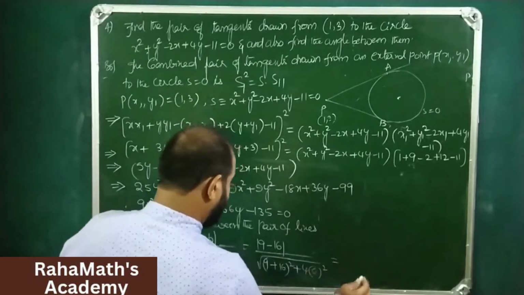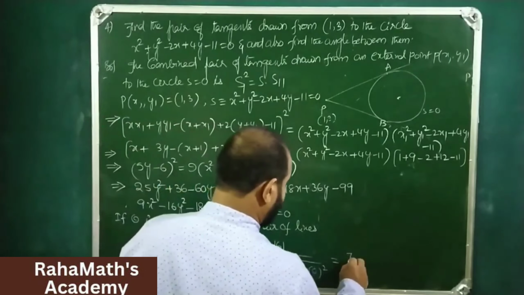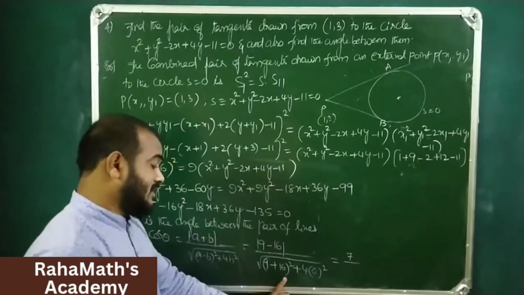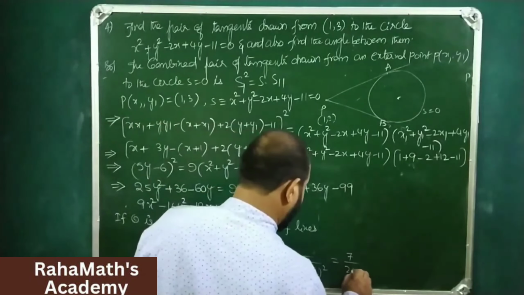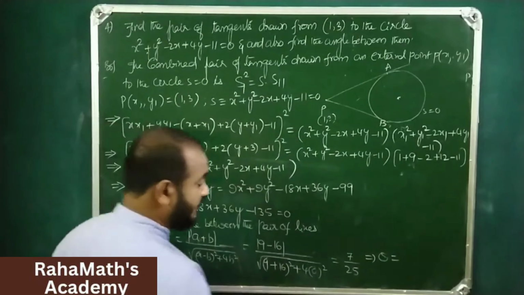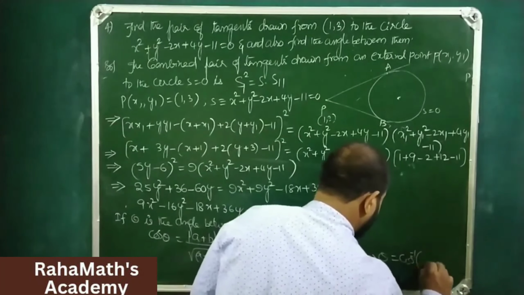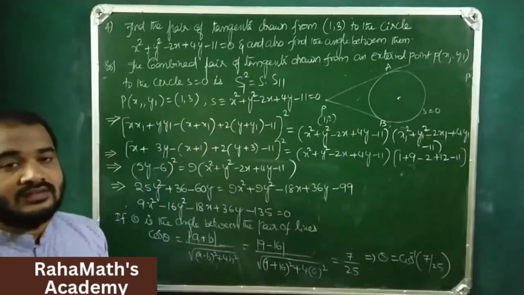So this is equal to 9 minus 16 is minus 7. So modulus means 7 by, 9 plus 16 is 25 whole square. Square root gets cancelled, 25. Therefore, theta is equal to cos inverse 7 by 25, which is the required angle between the pair of lines.